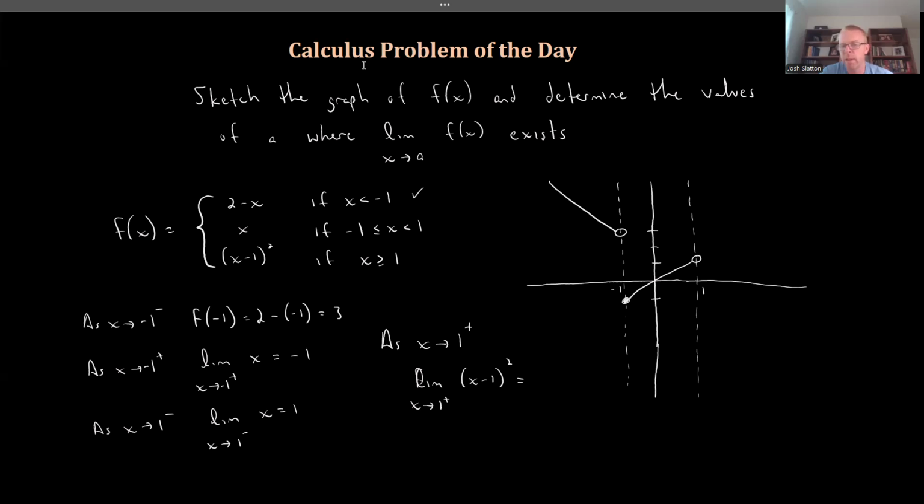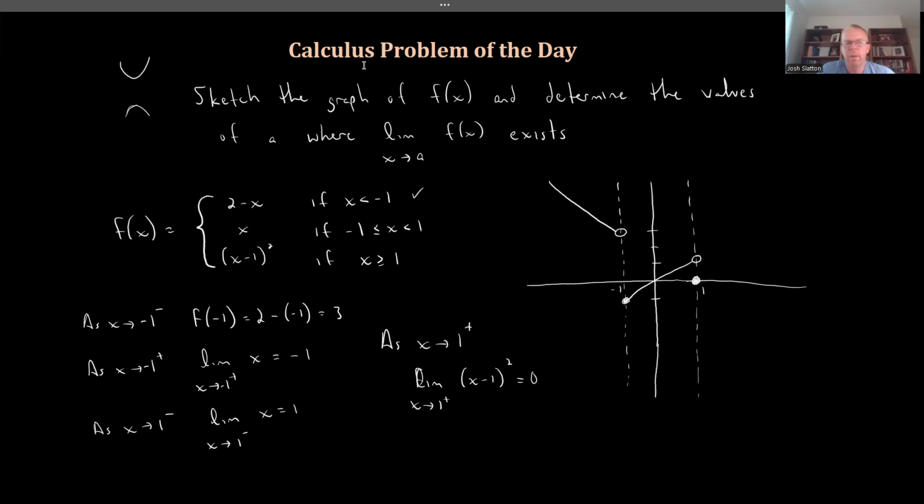Plug in 1, and we just get 0. So that will be right there, and that'll be a closed circle because we are including +1 there. Now, the graph of a quadratic, obviously, you should probably know it looks like that or like that, depending on the leading coefficient.